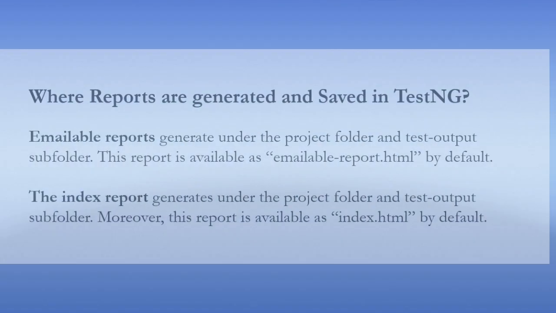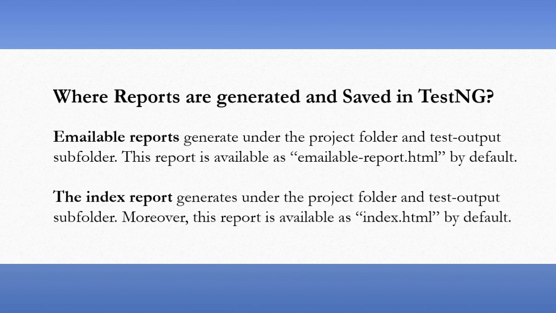The next question is, where are reports generated and saved in TestNG? So this is one of the important questions for experienced candidates. There are two types of reports in TestNG. One is emailable reports, the second one is index reports. The emailable report is generated under the project folder and test-output subfolder.